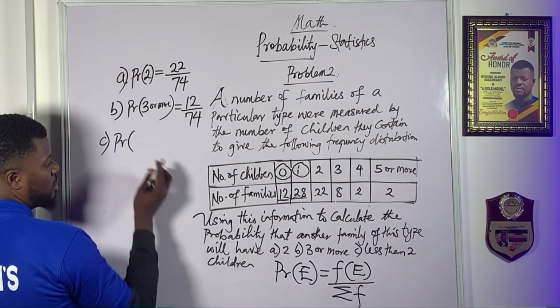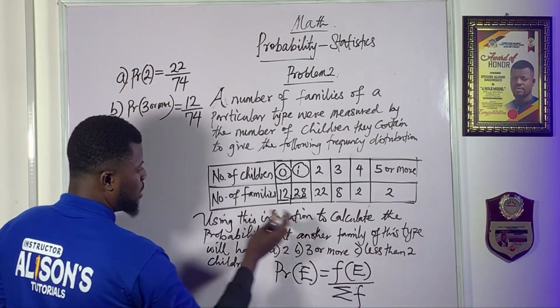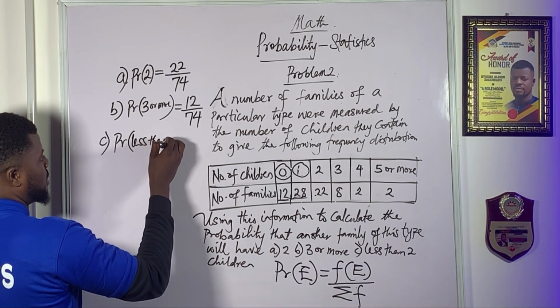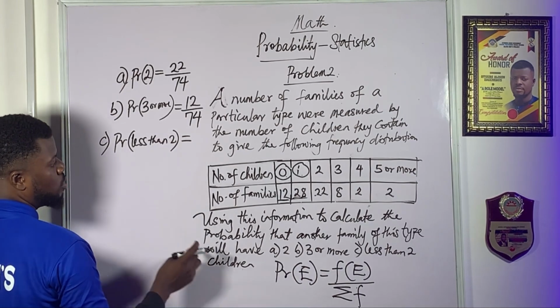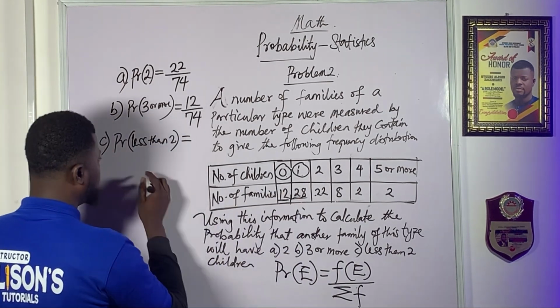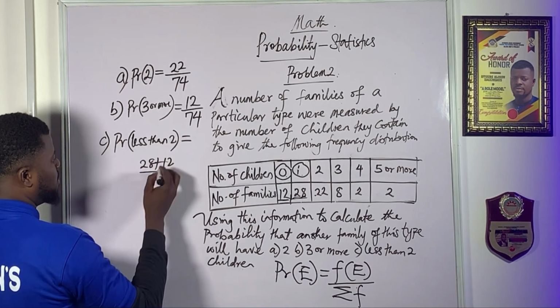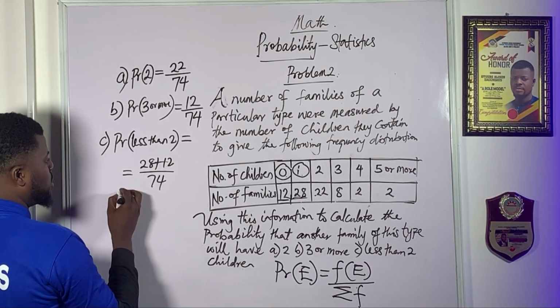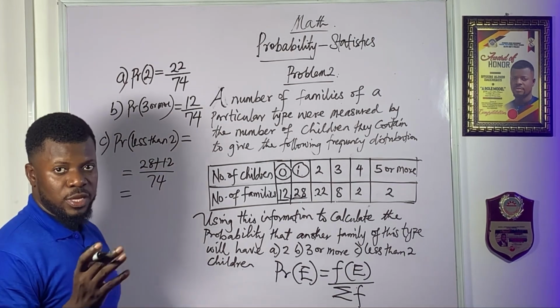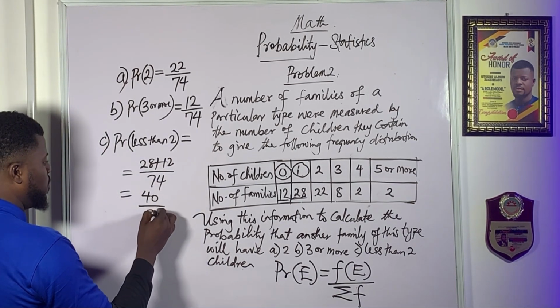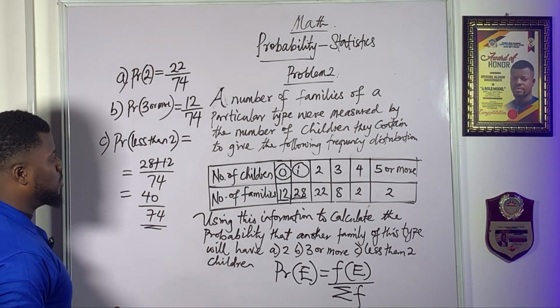So less than 2 children will be equal to, what do we have? 28 plus 12 over 74. So what is 28 plus 12? That will give us 40. So we have this to be 40 over 74, and this is the result to this problem.